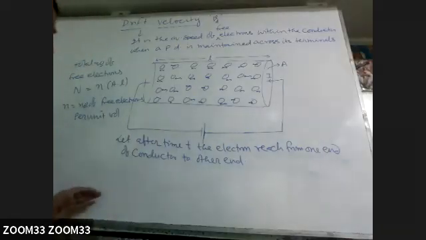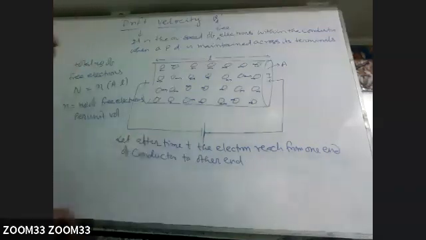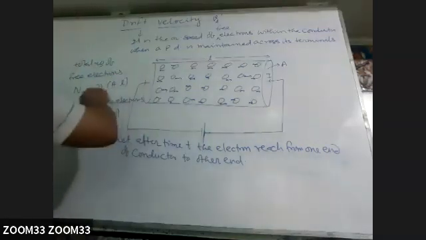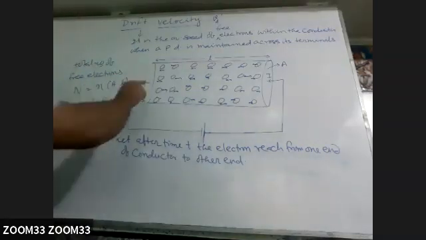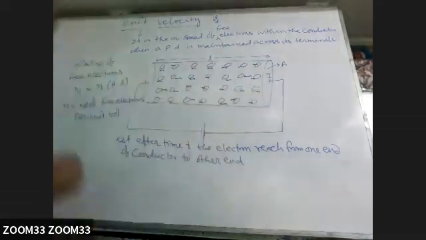So during this interval, what will be the total number of electrons? That is N electrons had moved from this end to this end.